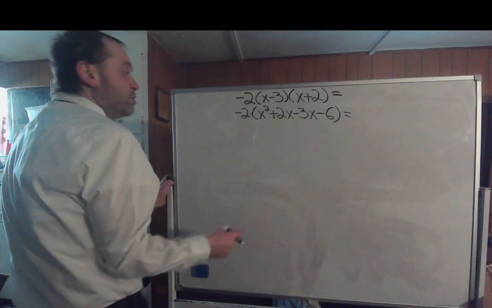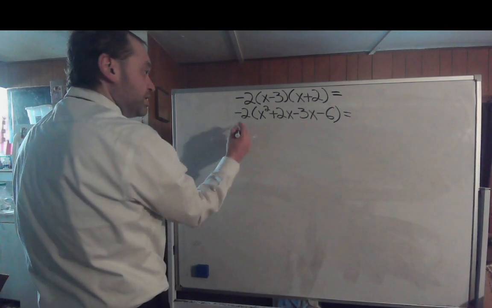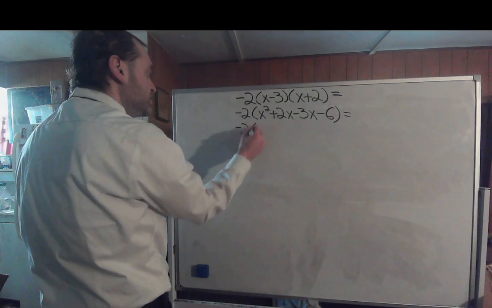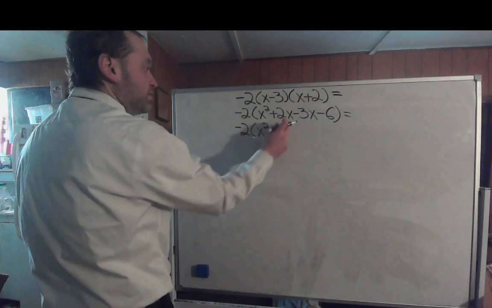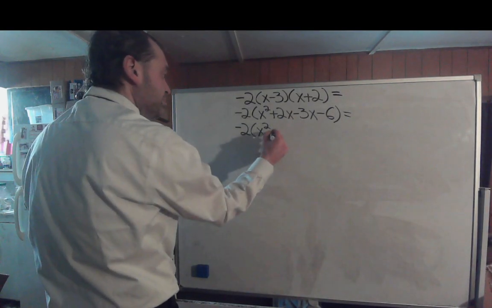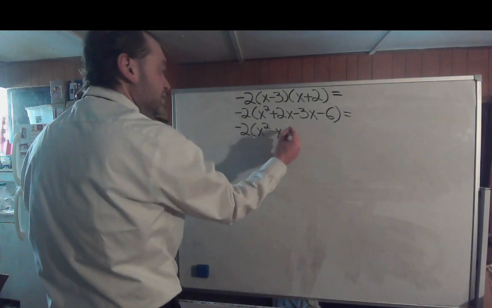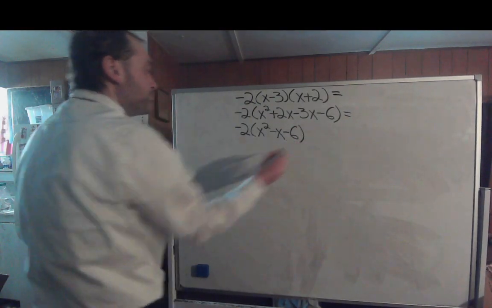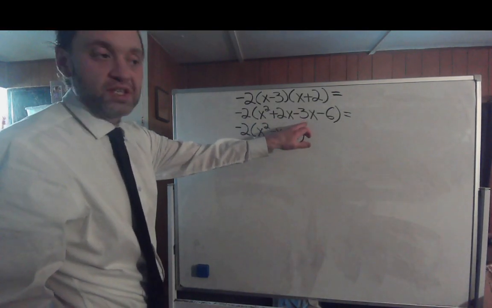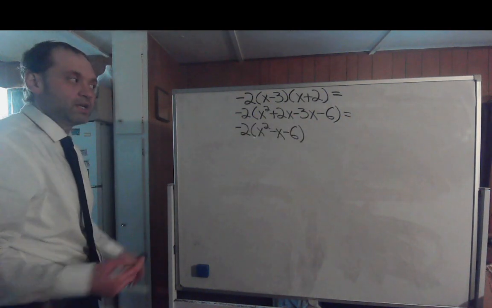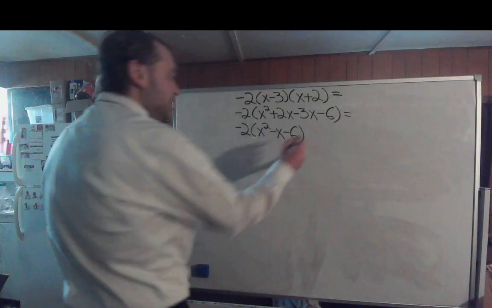Alright? Well, we need to simplify inside the parentheses. You'll end up having negative 2 times the quantity of, you still have the x squared. Then you have 2x minus 3x, that'd be minus x. Then you have minus 6. And again, you can only add or subtract terms if they're to the same power, which would make them like terms, if that makes sense.